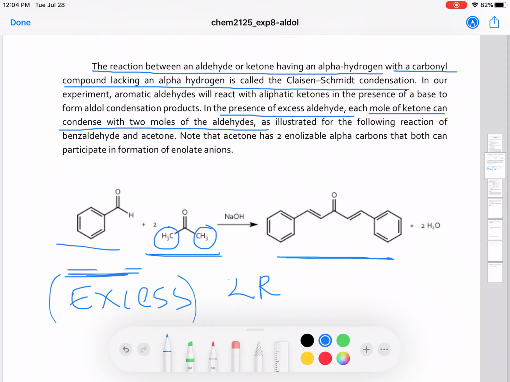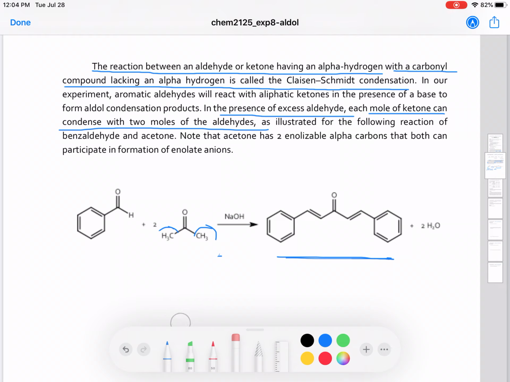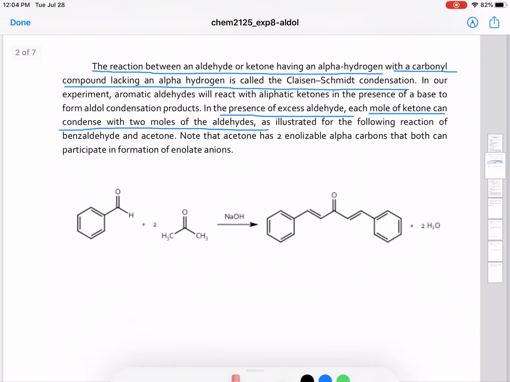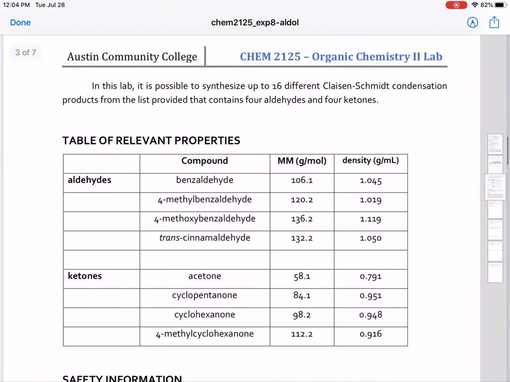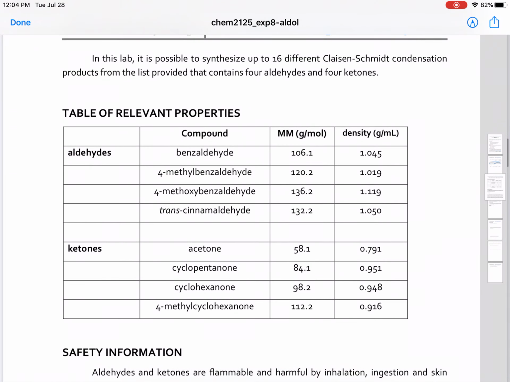So our reaction today is going to be similar to this. In the lab, it's possible to synthesize up to 16 different Claisen-Schmidt condensation products from the list provided that contains 4 aldehydes and 4 ketones.